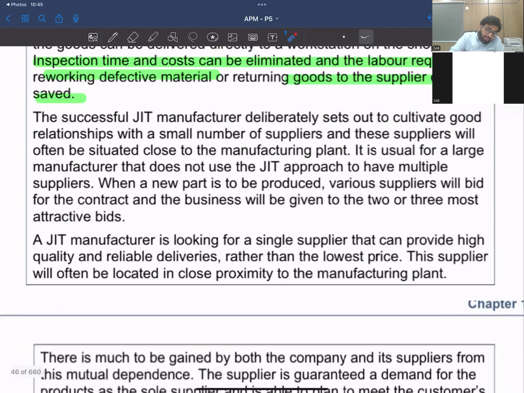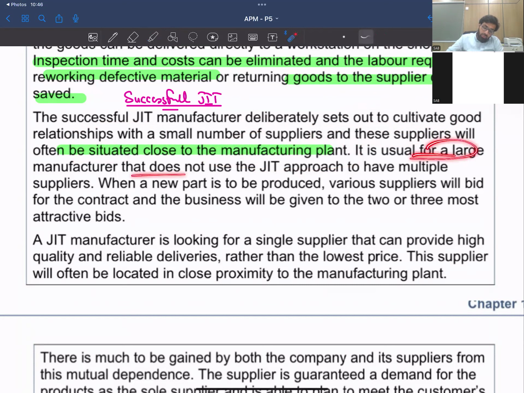Now the question rises: what does a successful JIT environment do? It's simple. It deliberately sets out to cultivate good relationships with a small number of suppliers, and these suppliers will be situated near the manufacturing plant. So the best JIT performer will have suppliers which are near to their plant.